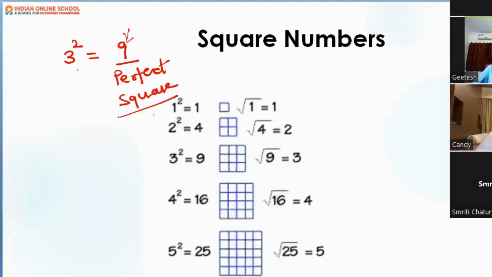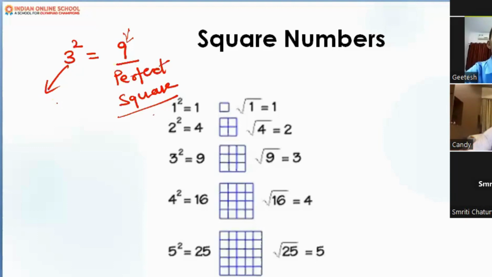And what is this 3 known as? I'm finding the square of 3, which is 9, so 9 is a perfect square number. Now, what is this 3 in relation to 9?